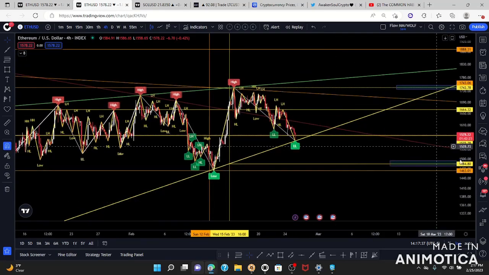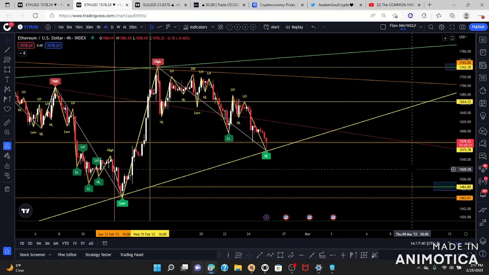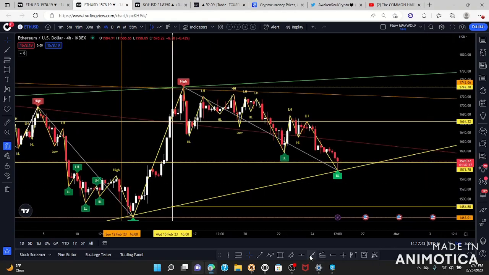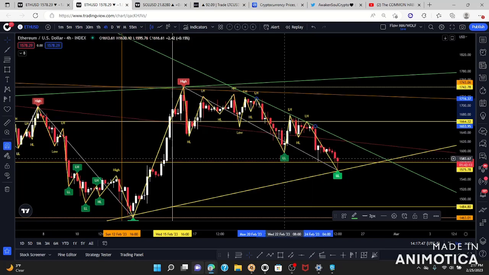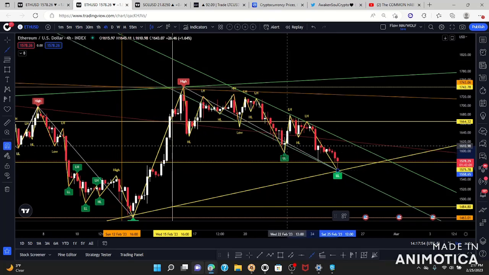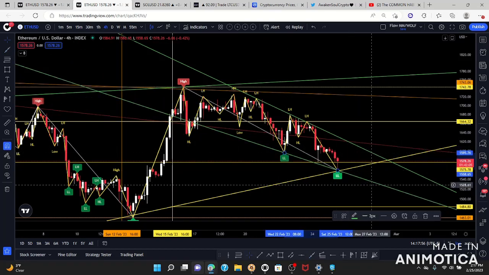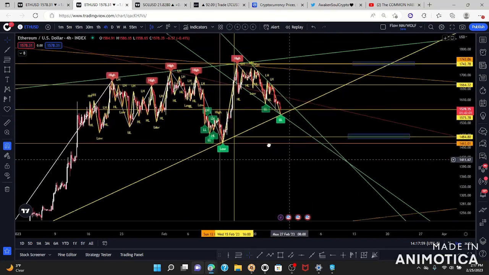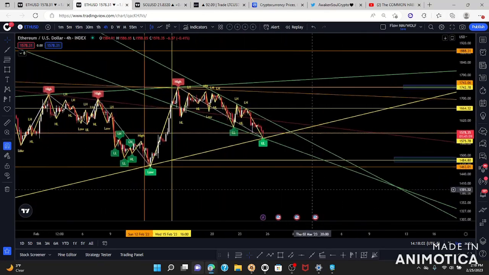So on the 4 hour, trying to see what I can find for you. Let's do some trend lines here. Right, so we just stopped right here. It could be like a falling wedge somehow.